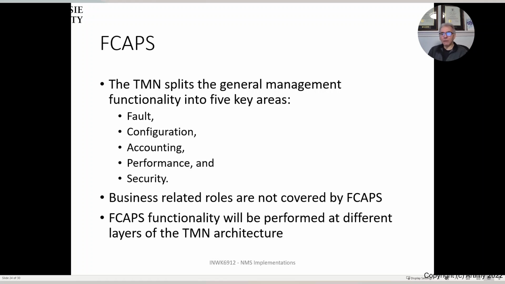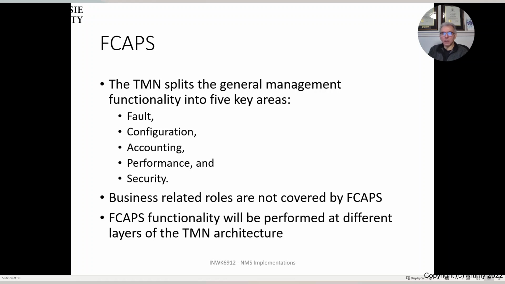One common thing between the TMN and the OSI models is the FCAPS. The TMN also divides the general management functionality into 5 areas. And actually, TMN probably has more information, at least the document has some information about the FCAPS that is not available from the OSI.